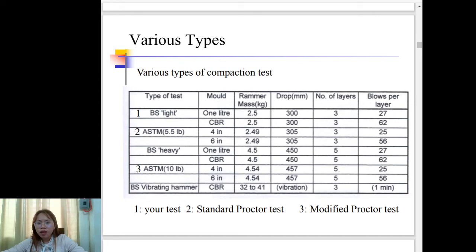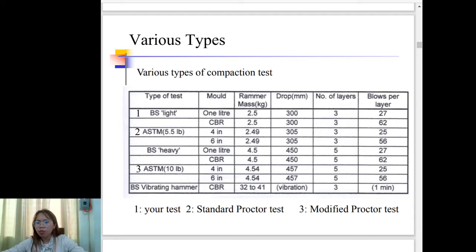we have various types of compaction test. Okay, number one is the BS light. Actually, this first column is for different types of equipment, and we have the mold and rammer.